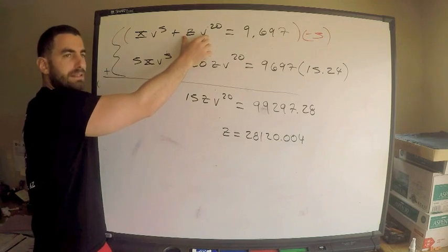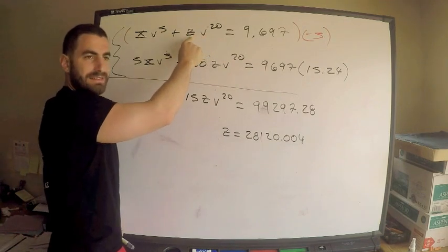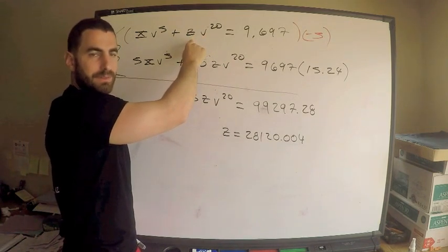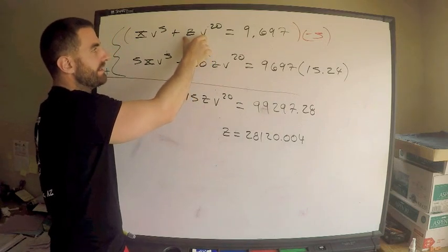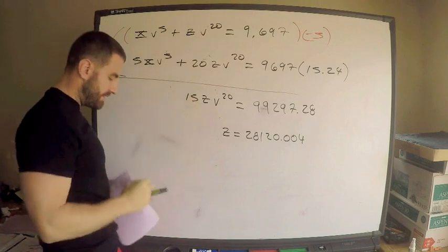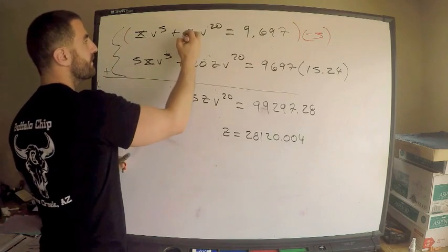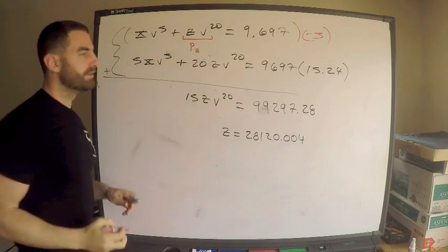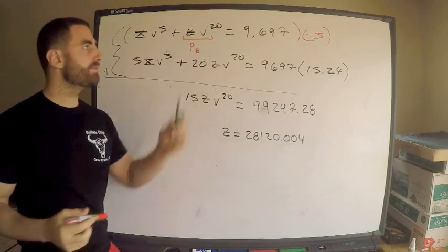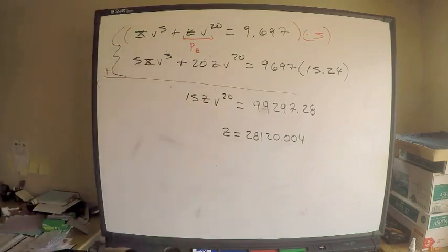Remember, Z is the redemption value. It's 20 years, that's when it matures. The price of it is literally this value. This is the price of what I'll call P sub Z. It's the price of the 20-year zero coupon bond.